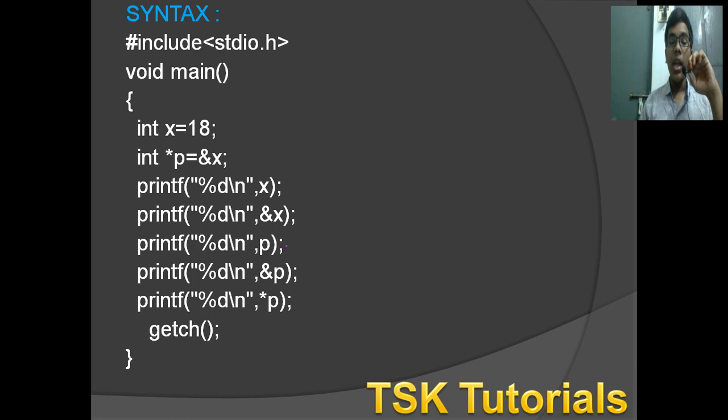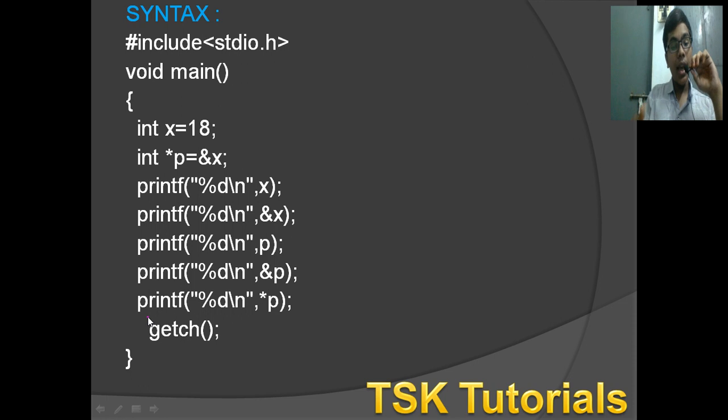in my mom, at a certain memory location in her brain or in her mind? That's what &p means. The address of the value stored in p means she has stored it somewhere in her brain. That address is given by &p. printf("%d\n", &p); semicolon.